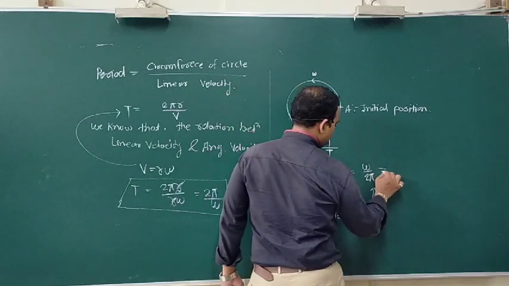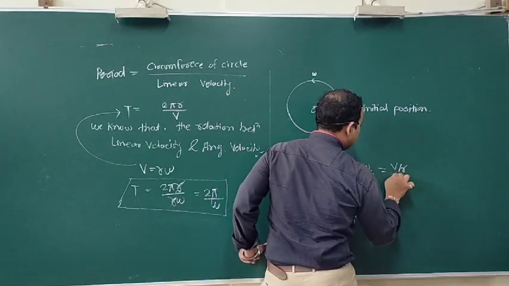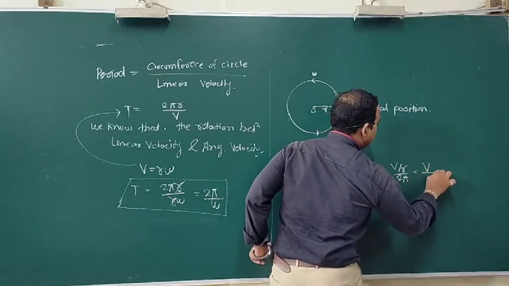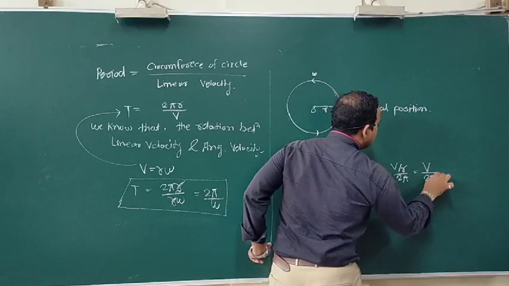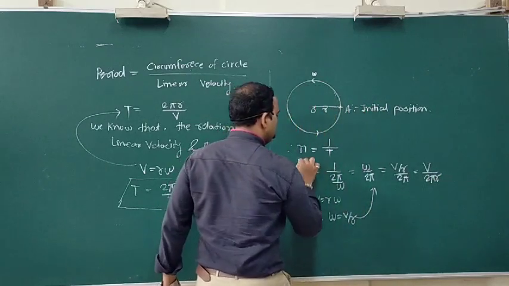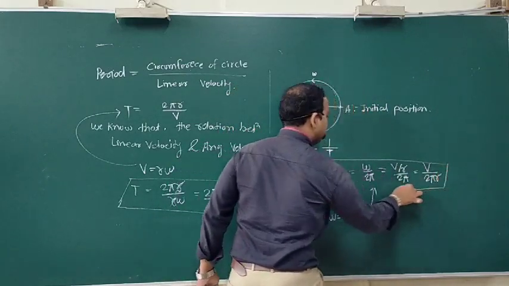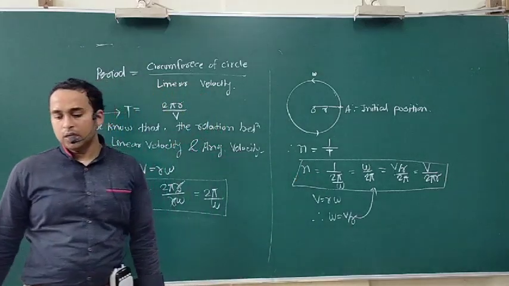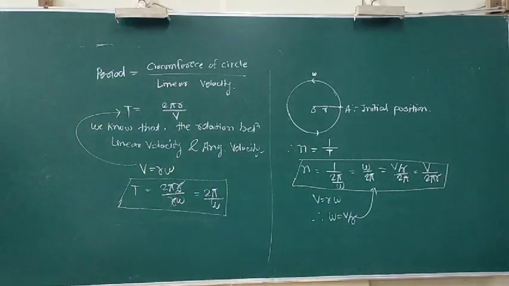So we get v upon r divided by 2 pi, which is equal to v upon 2 pi r. This is the formula for frequency.